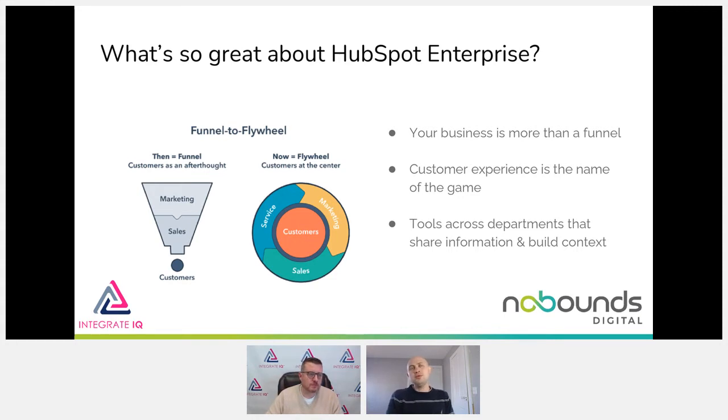HubSpot has revolutionized and become the primary thought leader in inbound marketing, has rethought the marketing and sales funnel into the flywheel, so that we're thinking about not just how we get sales and marketing alignment, but how we get alignment across your entire organization so that you're providing an outstanding experience across the board and interdepartmentally.